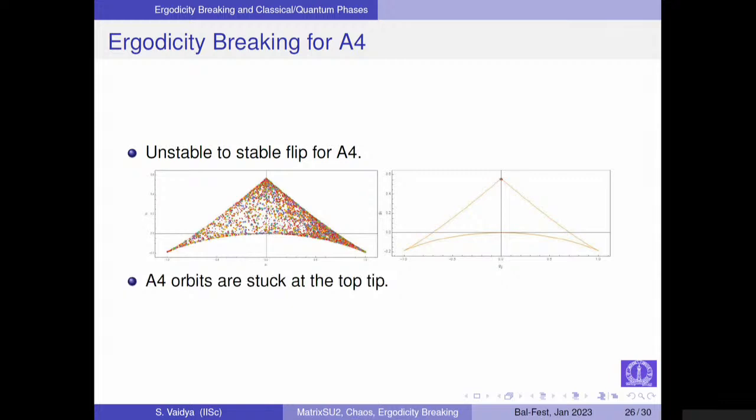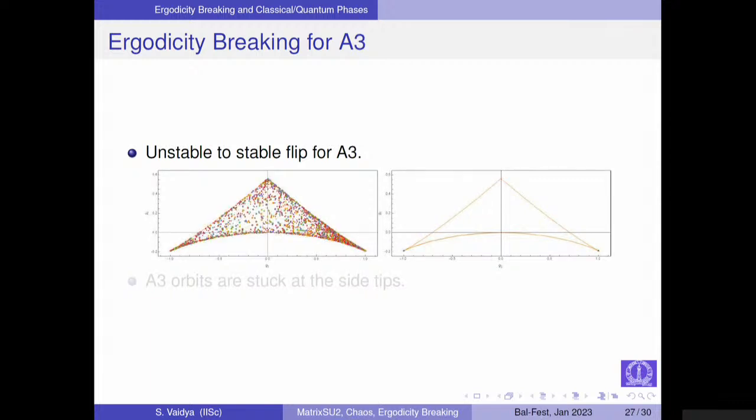And if I take the A4 orbit, for an energy where it is ergodic, the orbit spreads over the entire arrowhead. Whereas if I take the A4 orbit at a nearby energy which is in the band, then the orbit is stuck at the top tip. It's just stuck there.